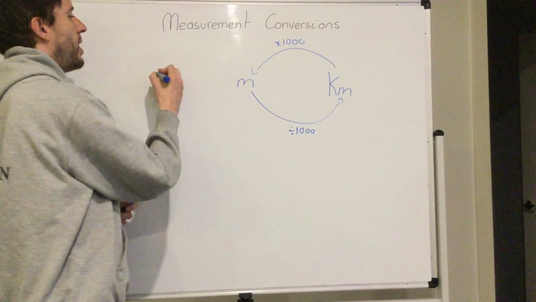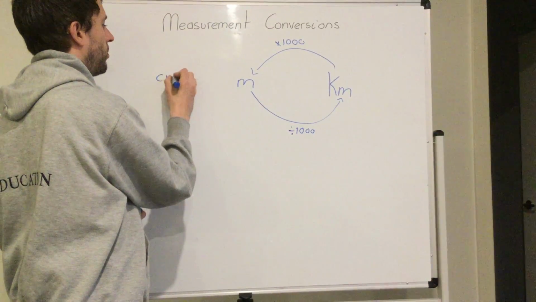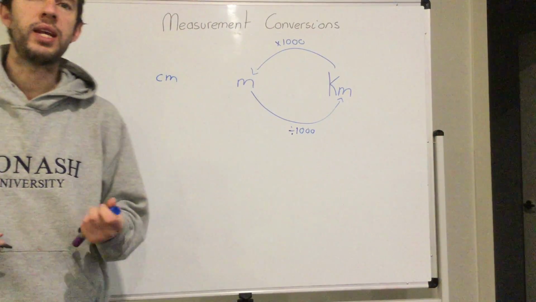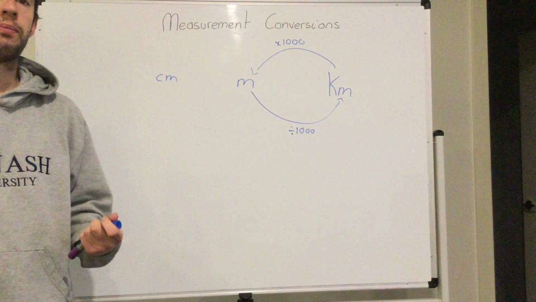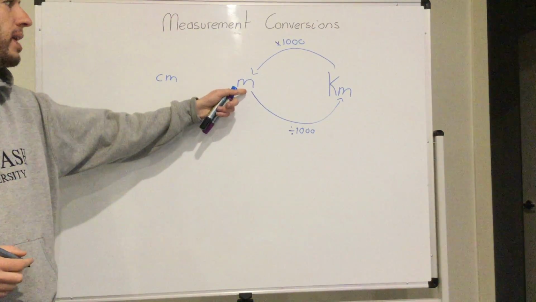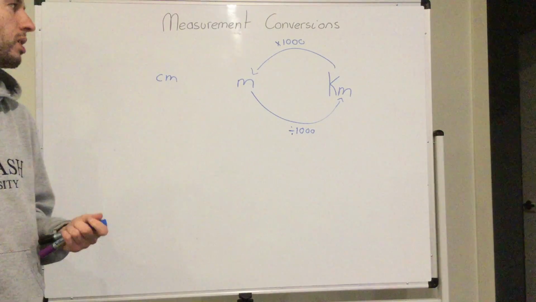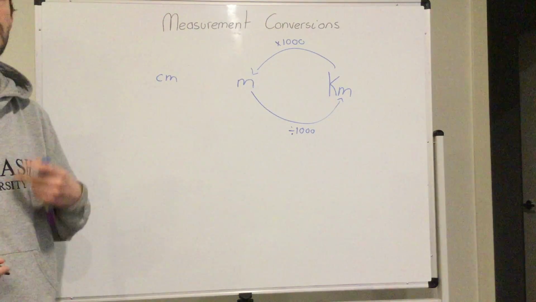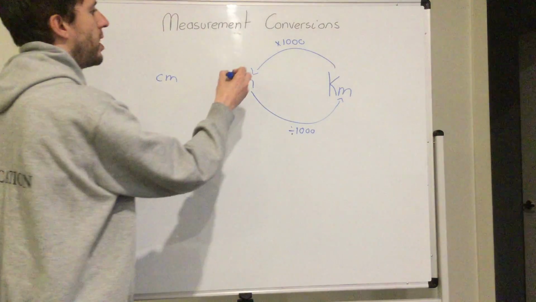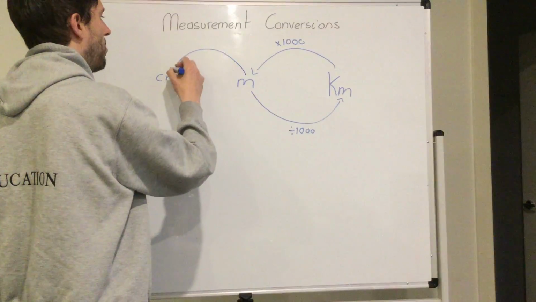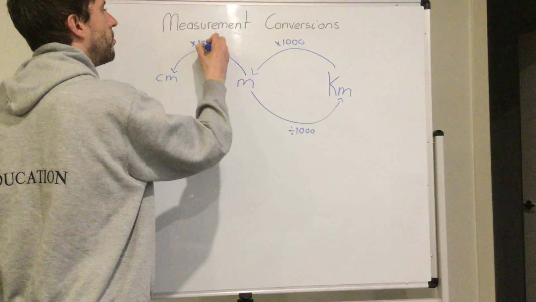Then we look at centimeters. How many centimeters are in a meter? 100. So to convert meters to centimeters, we need to times by 100. For example, if I have 2 meters, it equals 200 centimeters. So I'm timesing it by 100.